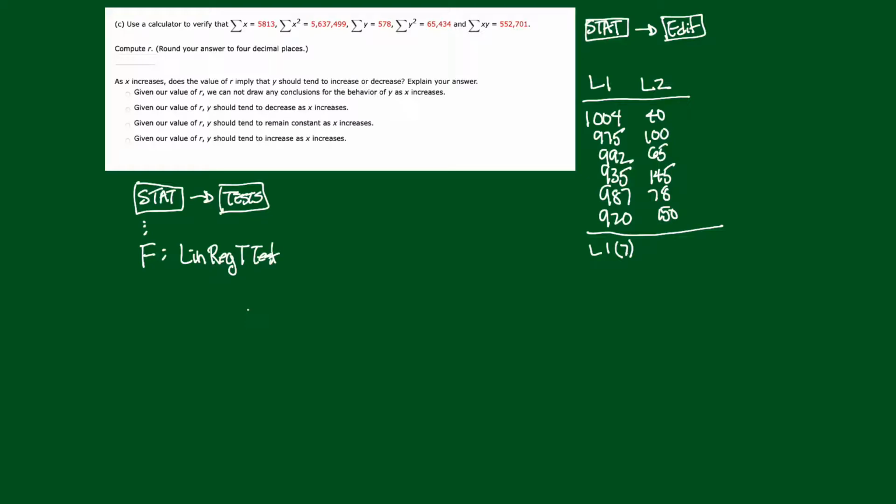So select that one. You have to scroll down and press enter. Now, what comes up is this. X list. We probably already have that from the last time we put that list in, right? So that's L1. Our Y list, that's L2. Frequency, each number that we put in, we're putting it in only once.